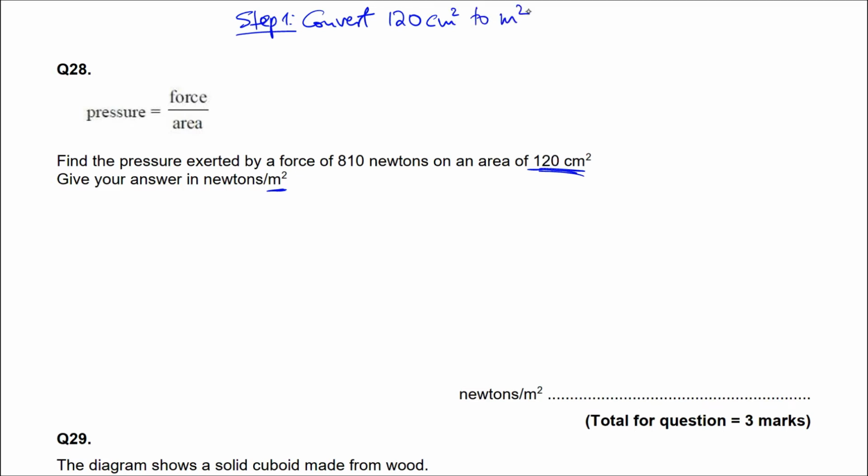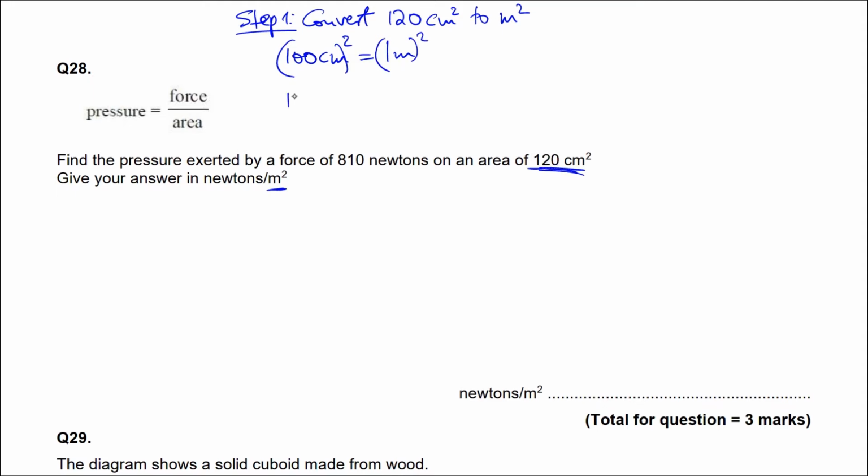Now we know that 100 centimeters is equal to 1 meter. So if we square these, we'll end up with 10,000 centimeters squared equal to 1 meter squared.